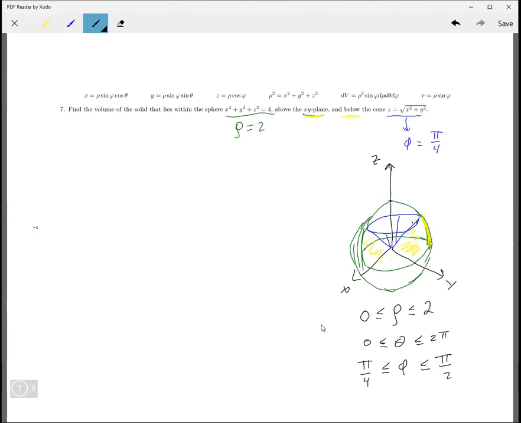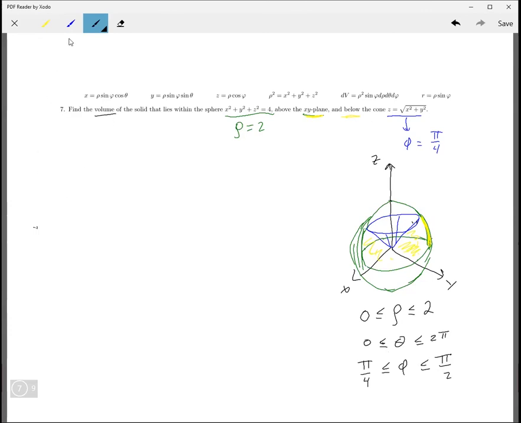Right. So phi equals pi over 2 is the XY plane, by the way. So you're going from the cone to the XY plane, and that's going to get this volume in here.